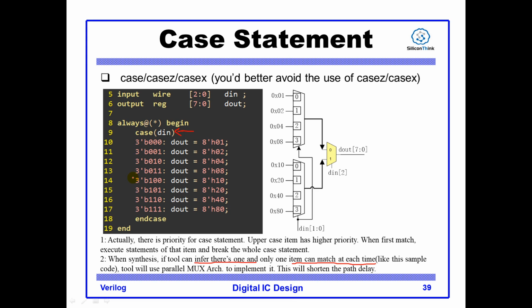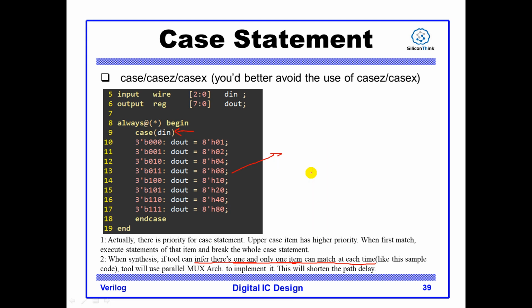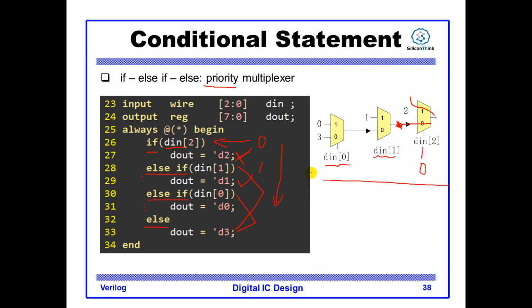So if this is true, the synthesis tool can translate the case statement to a parallel architecture. If not, it will translate to some architecture like that, the priority mux.